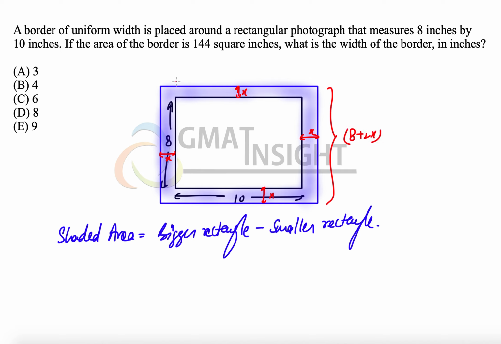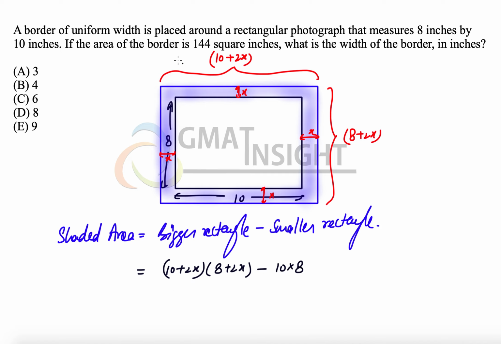And similarly, this dimension will be 10 plus 2x. So the area of the bigger rectangle will be equal to (10 plus 2x) times (8 plus 2x). Area of the smaller rectangle will be 10 times 8, and the shaded area, we have been given, is 144 square inches.